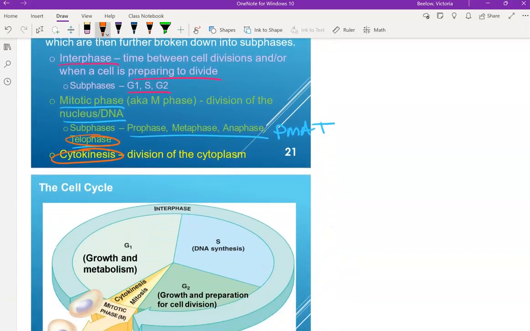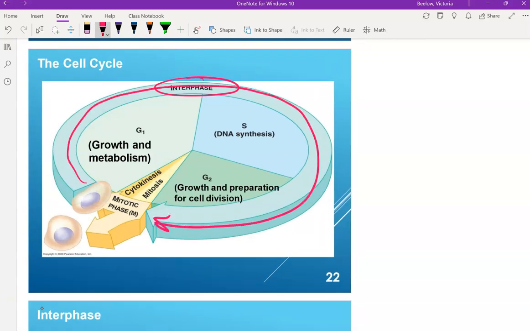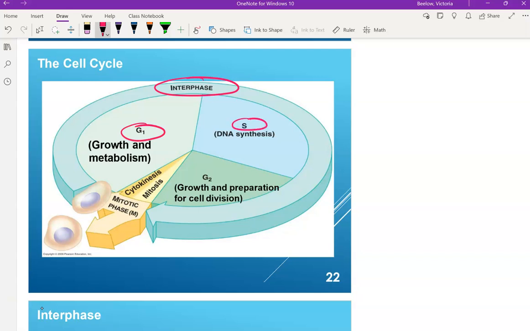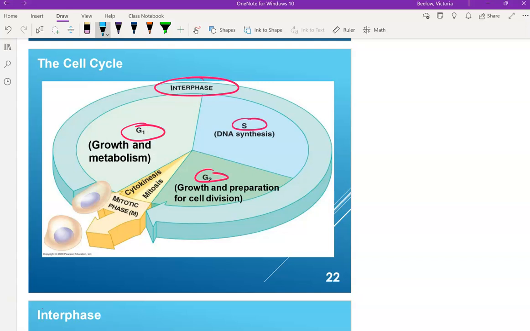So let's look at this visually, okay? All right, so here we have interphase, and you can see that's literally most of the time the cell is in interphase. And that is broken down into 3 subphases, G1, S, and G2. And then we have mitosis, which is broken down into PMAT: prophase, metaphase, anaphase, and telophase.